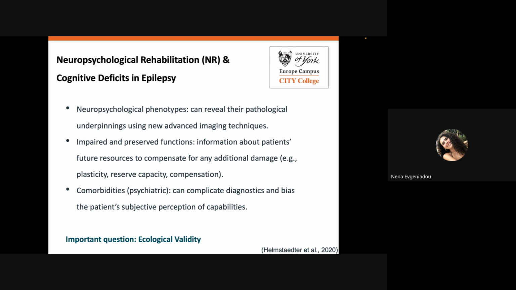So we need to know the lateralization, the brain areas affected, as we have discussed, the history, clinical background, medical background, surgery background, so that we can start building the profile. We gather this information so that we can address the important question of ecological validity, which is applying findings from a research setting to real life.